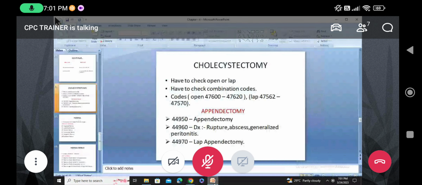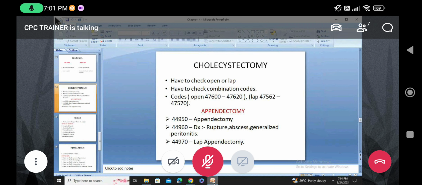Actually, here I've given three codes, right? In these three codes, 44970 is the laparoscopic appendectomy code. So if a laparoscopic approach is performed, you need not follow anything. Blindly go for 44970. In case open appendectomy is documented, you have to check the diagnosis, guys.